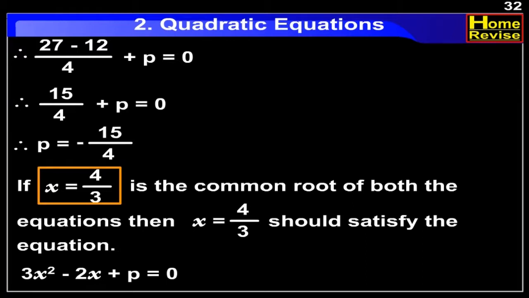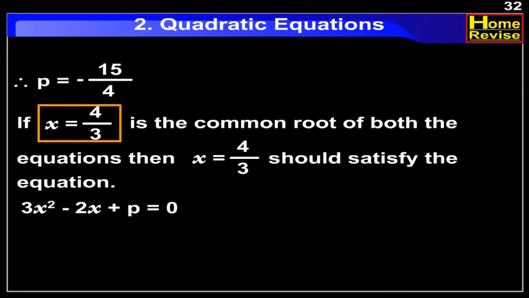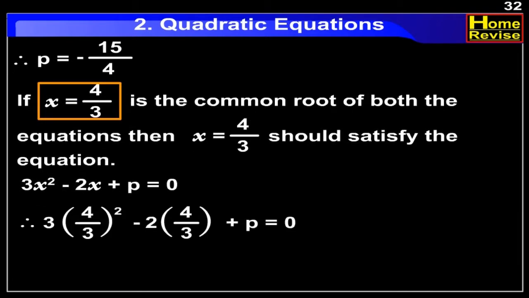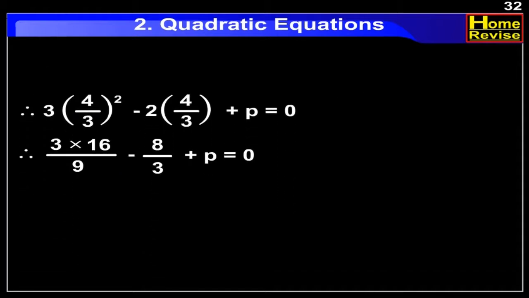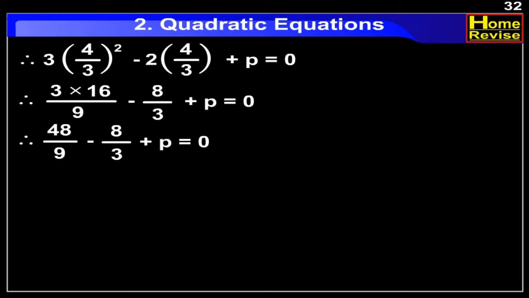Therefore, putting x is equal to 4 upon 3 in this equation, we get 3 into 4 upon 3 whole square minus 2 into 4 upon 3 plus p is equal to 0. Therefore, 3 into 16 upon 9 minus 8 upon 3 plus p is equal to 0. Therefore, 48 upon 9 minus 8 upon 3 plus p is equal to 0.